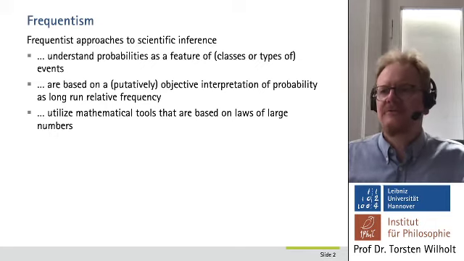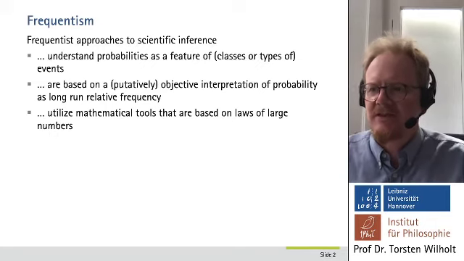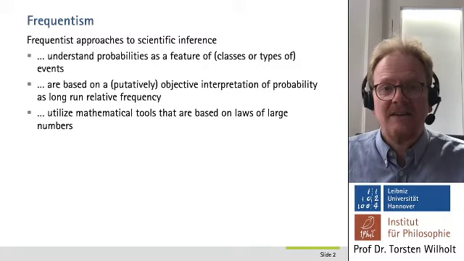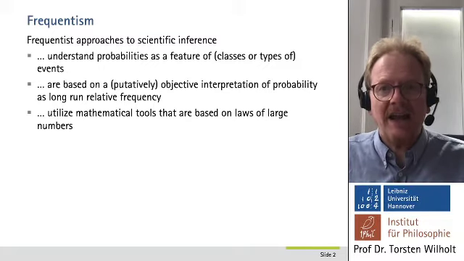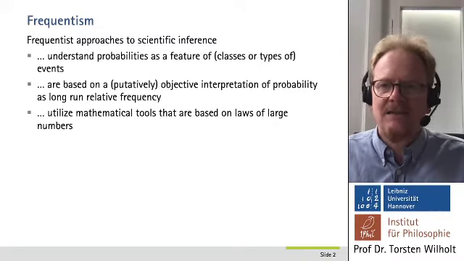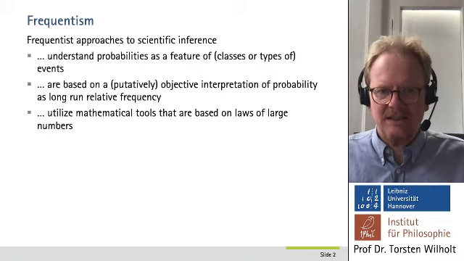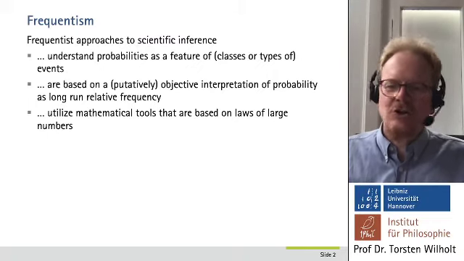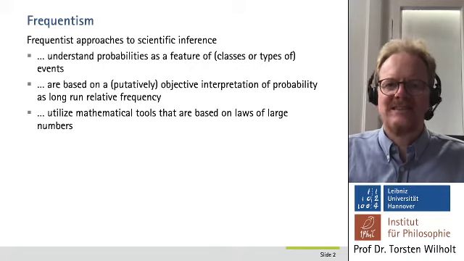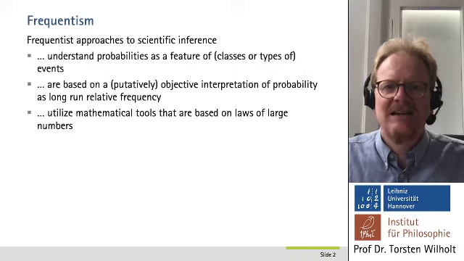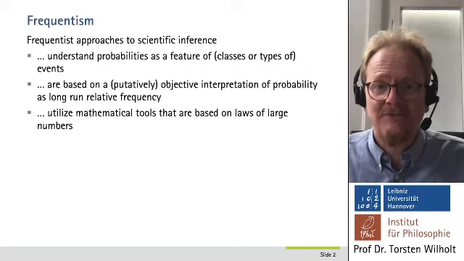So the prominence of frequentist approaches in scientific practice means that philosophers of science should have some basic understanding of how these frequentist approaches work. That said, frequentist approaches to statistics and scientific inference are not really formal methods of philosophy of science, not in the same sense as Bayesianism is a formal method in philosophy of science.